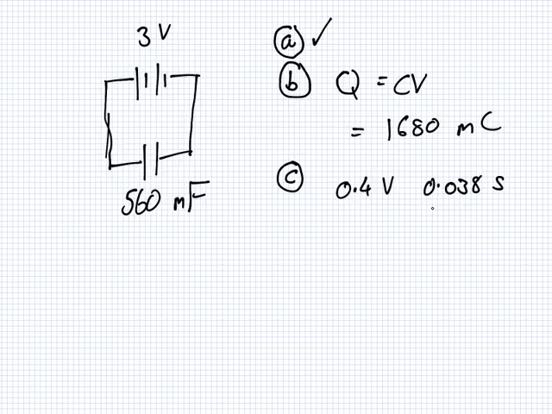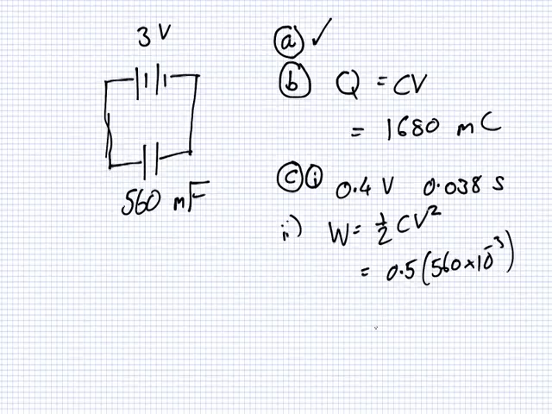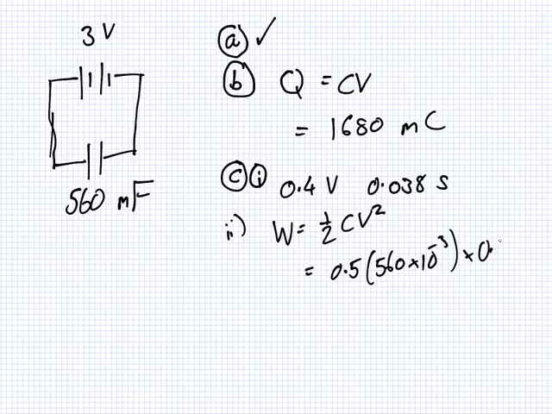So we will need the time for the second half, but for the first half, not necessarily, because we can just do a half CV squared, right? So that's 0.5 times 560 times 10 to the minus 3 times 0.4 squared. What's that, please?